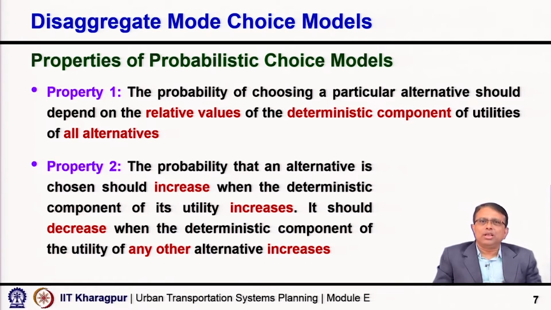Utility of an alternative depends on the values of that alternative only. It does not depend, car utility does not depend on what is the value of travel time by bus.